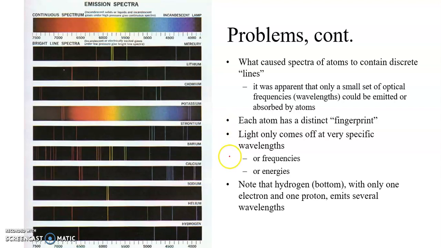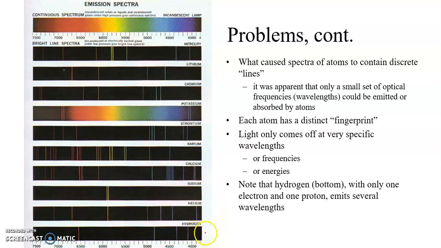So later on, all the electrons in the atom have their own electron configuration, and each atom has a distinct fingerprint.